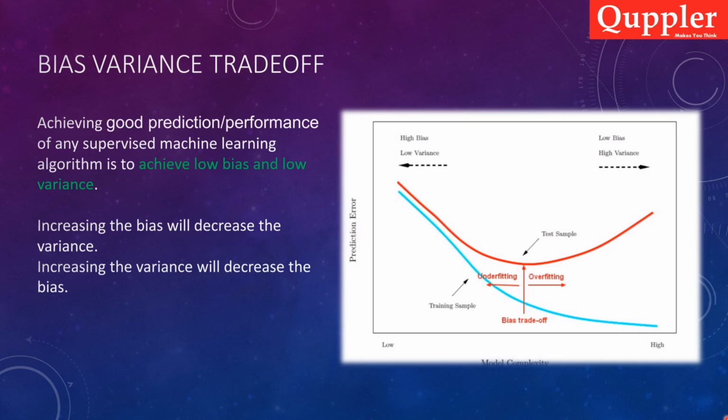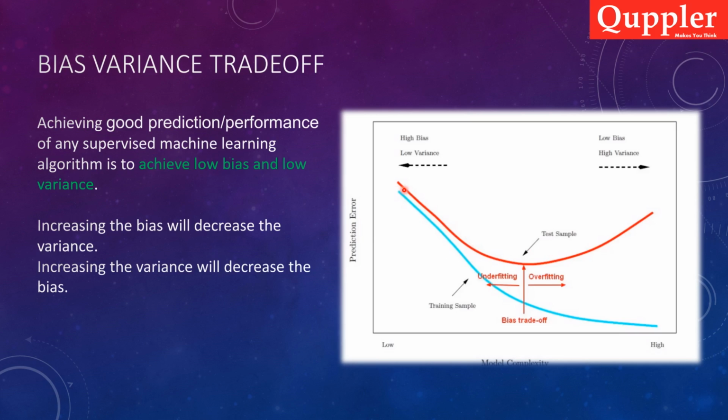Till now we know both are inversely related, meaning an increase in the bias will decrease the variance, whereas an increase in the variance will decrease the bias. In this example, the blue line denotes the training sample, whereas the red line denotes the test sample.